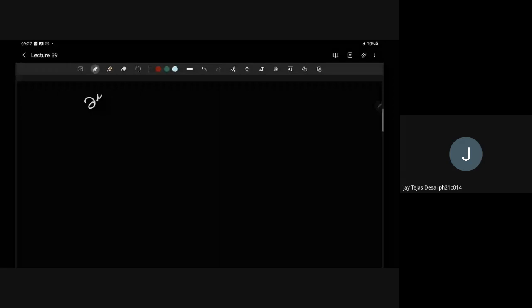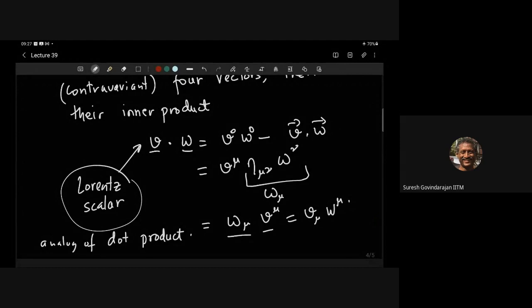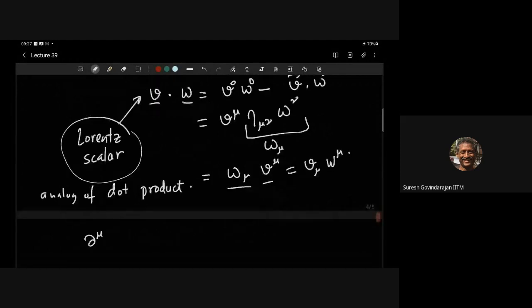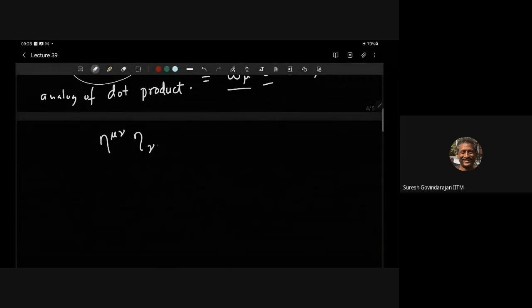How do we decide for eta which indices to place where? Eta is symmetric, it doesn't matter. There are two etas, eta is either both lower or both upper. Good point. Okay, so you can do this: eta mu nu, eta nu rho, summed over nu, gives delta.